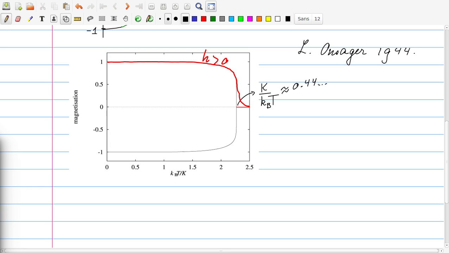Now we return to the H=0 case, where we have a phase transition, and we try to quantify the behavior close to the phase transition. Now, without derivation, we can identify certain behaviors that we will analyze later in more detail. And one of those is the way the magnetization vanishes when we approach the critical point.